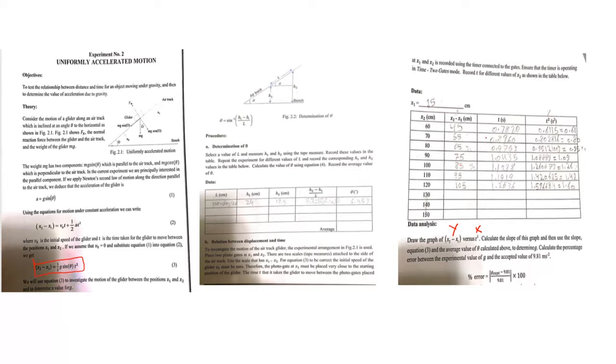If you just see the second table, here you have x2 minus x1, here you have t squared. That means you are going to take all these values on your y-axis and you are going to fix all these values on your x-axis. Clear? Clear, my dear? So please don't make this mistake, because many students in the exam draw the axes in the reverse way.